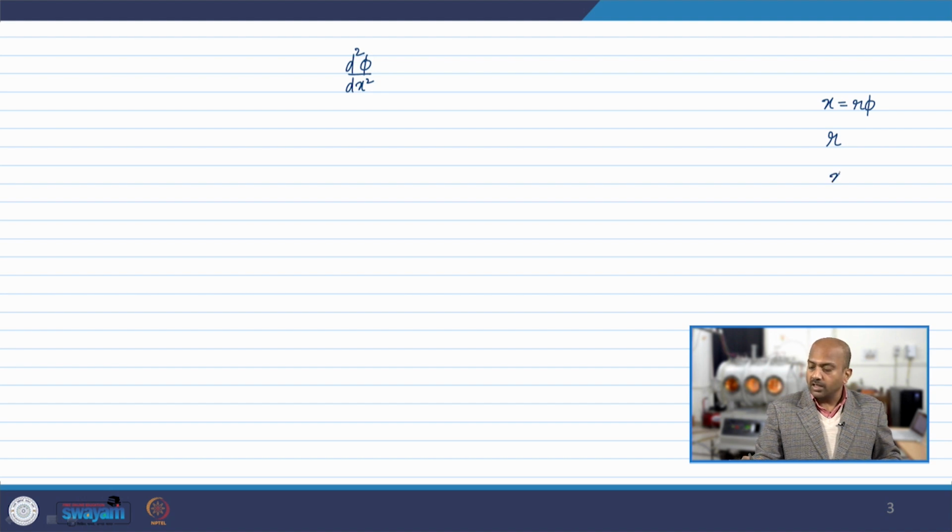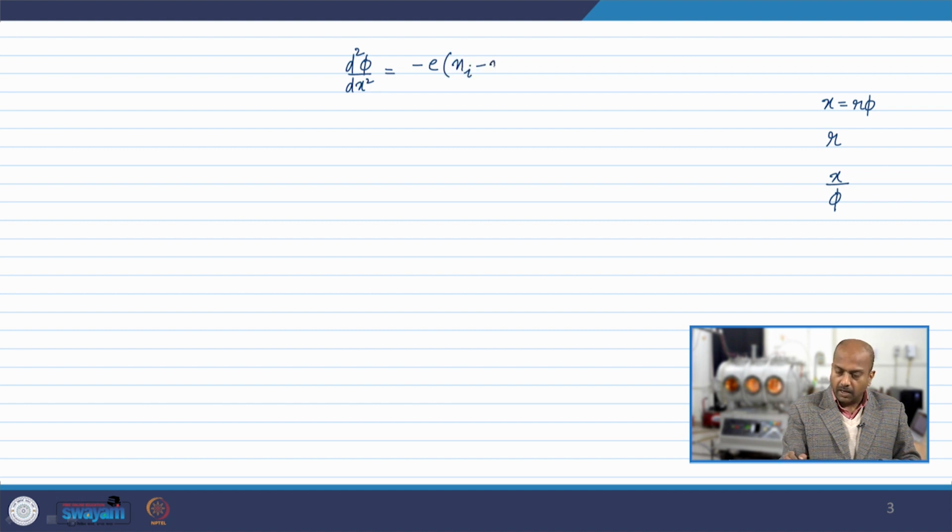Now, I am calling x as the position coordinate and phi as the potential itself, right. So, d square phi by dx square can be written as minus E times n i minus n e divided by epsilon naught.